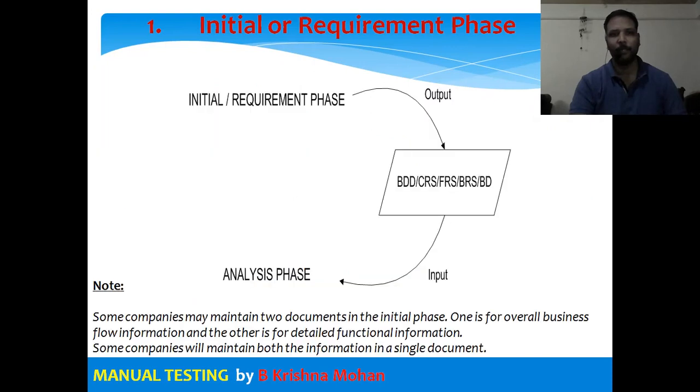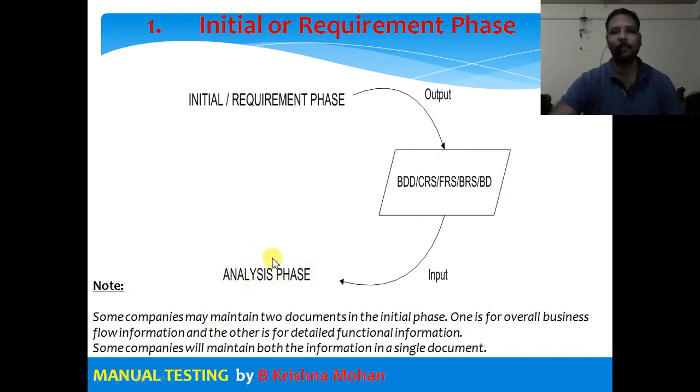The initial phase has been completed, and the output of this initial or requirement phase is the business requirement document, or business requirement specification. This will act as an input to the analysis phase.